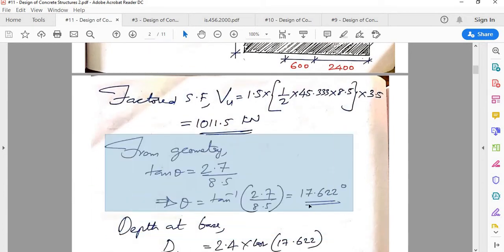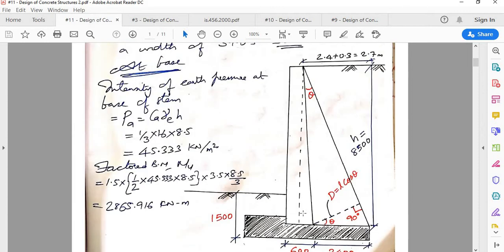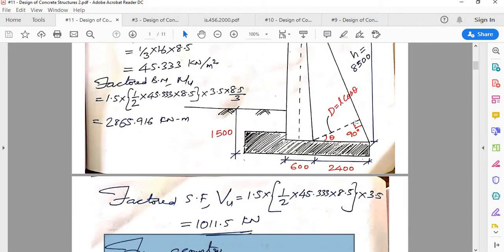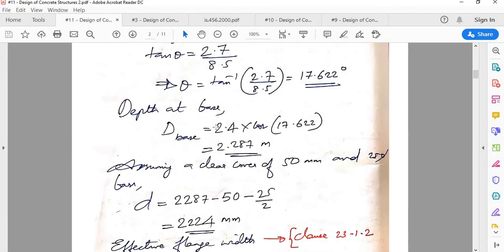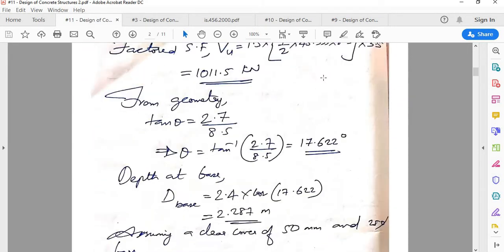From geometry, as we said, theta you can calculate. Its size at the lowermost portion is found by dropping a perpendicular to the inclined line. The depth you calculate here is the depth of the T-beam at its base. Using geometry, you can easily calculate this as well: dl cos theta.